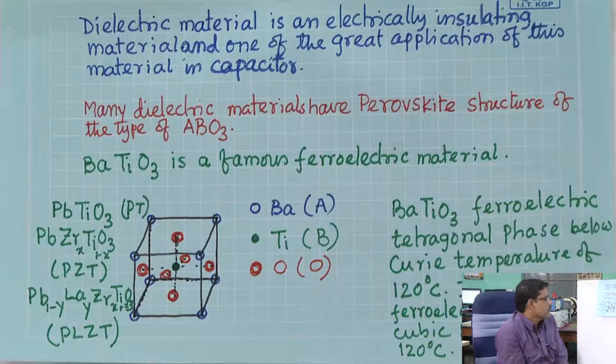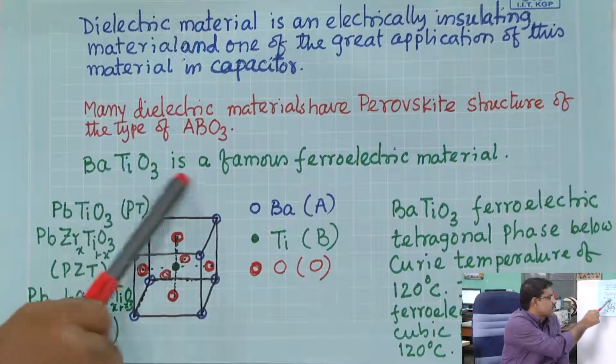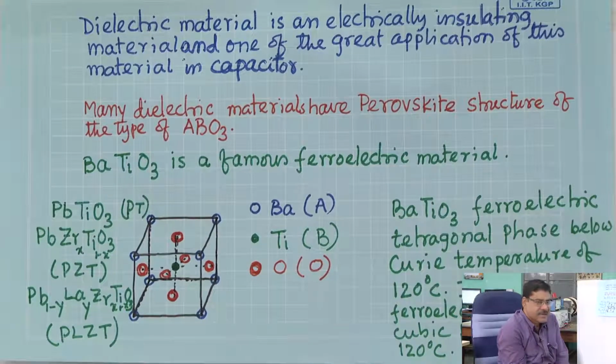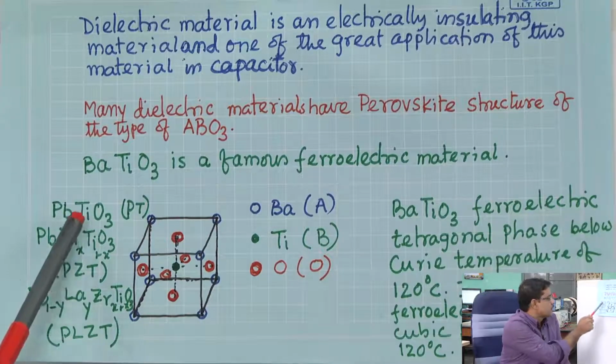Now there are other famous dielectric or ferroelectric materials. Some materials are ferroelectric, some are piezoelectric, some are pyroelectric. Various kinds of materials depend on their response to external parameters like electric field, and other external parameters like stress and temperature.